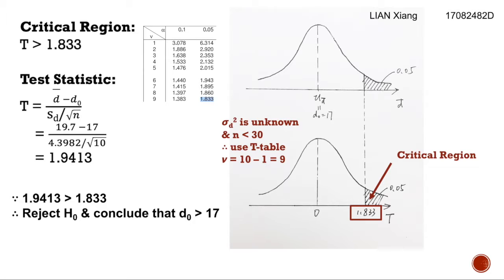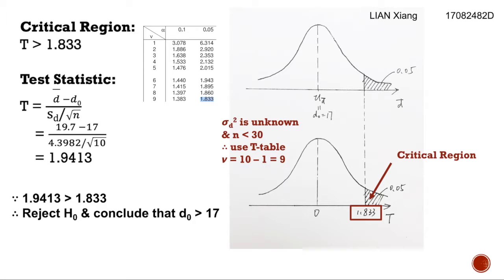Since the variance of D is unknown and the sample size is small, smaller than 30, we use the t-table, and the degree of freedom should be the sample size minus 1, which equals 9. We check the t-table and find out that this point should be 1.833. So the critical region should be t larger than 1.833.